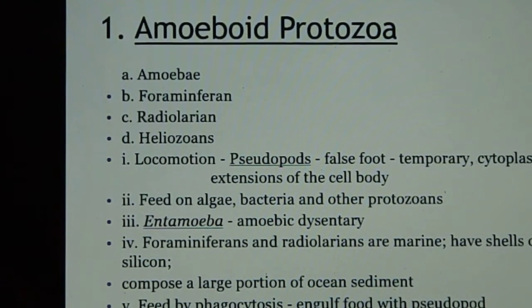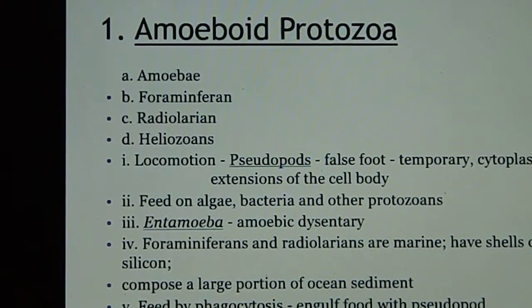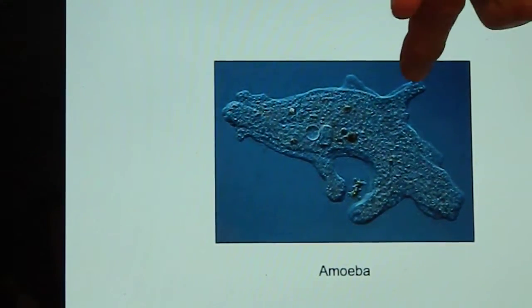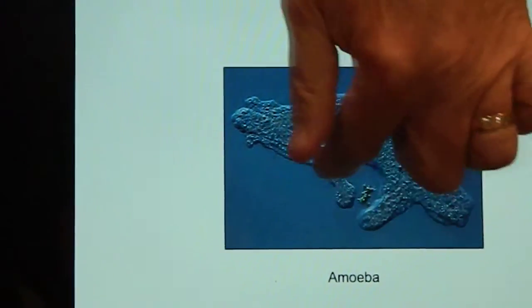They feed by this thing called phagocytosis. When the pseudopod moves toward an object of food, it will form two pseudopods that will go around the food and then eventually come together and trap the food inside the body. And if you see this amoeba here, you can see pseudopods right there.